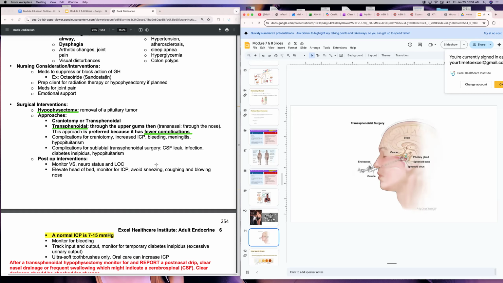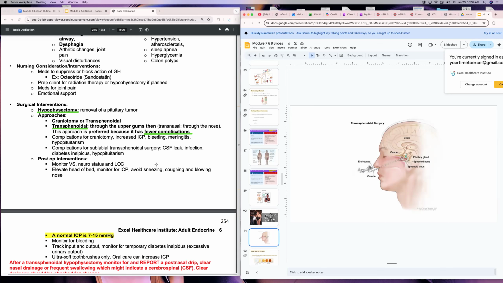So if it was craniotomy, there is an increased risk for increased ICP, bleeding, meningitis, and in any surgery or intervention where you're trying to treat hyper, so let's say hyperpituitarism, if it's because of a tumor and you remove the tumor, it can cause hypo. You see what I'm saying? So when something is imbalanced and you go try to balance it, there's always a risk that you bring it in the opposite direction.